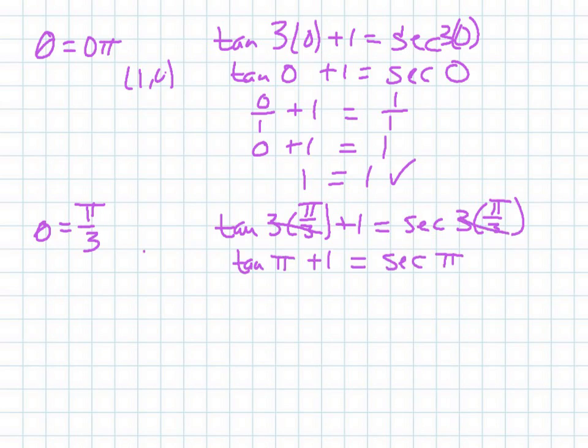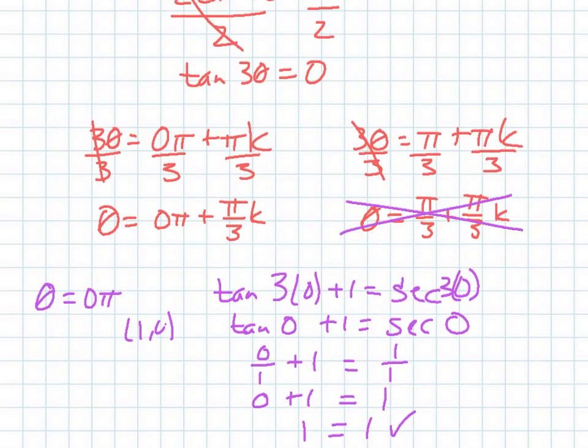Now at pi you have the terminal point of (-1, 0). So for tangent it's 0 divided by -1, plus 1, and secant is the reciprocal, so 1 over -1. So 0 divided by -1 is 0 plus 1 is 1, and 1 divided by -1 is -1, so that one does not equal each other, so pi over 3 is not a solution.